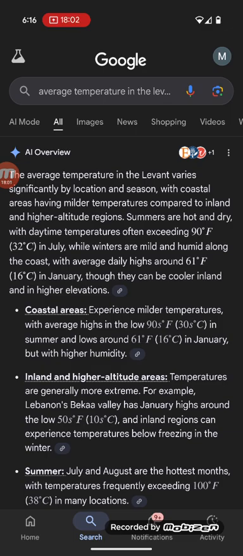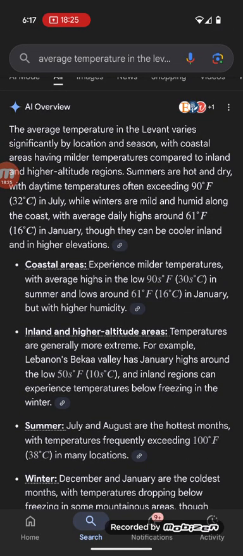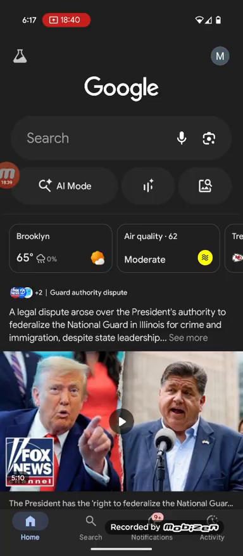Summers are hot and dry, with daytime temperatures often exceeding 90 degrees in July, while winters are mild and humid along the coast, with average daily highs around 61 degrees in January, though they can be cooler inland and in higher elevations. So we can see that in the summer months it exceeds 90 degrees. So you can imagine at that time it was probably closer to 100 degrees on average.